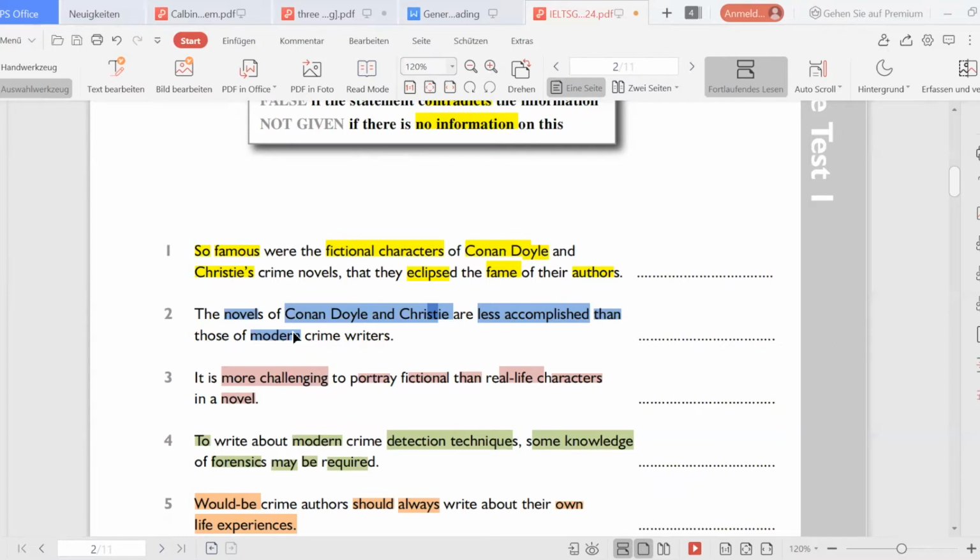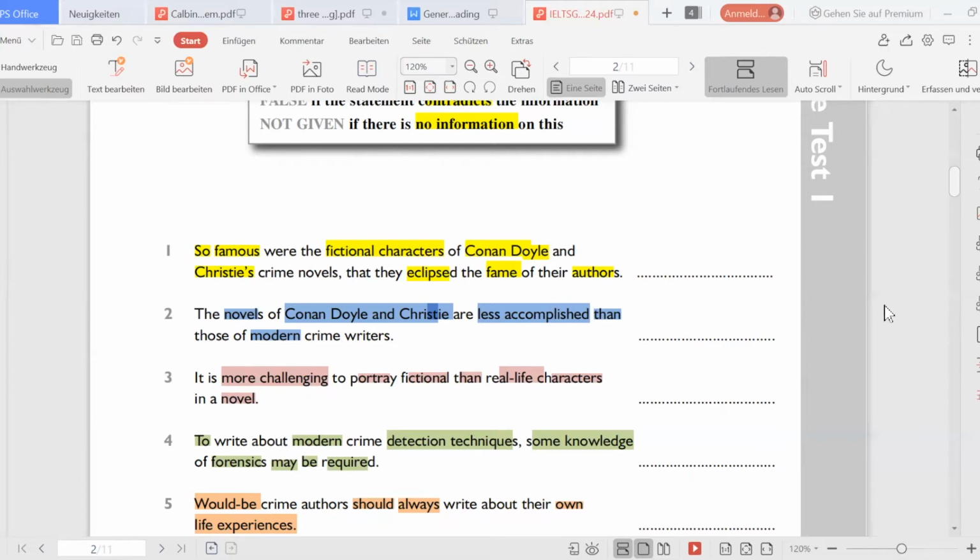And then modern crime writers. I did not highlight crime writers because in the text we're looking at how to become a successful crime writer, so the likelihood that the words crime writers will appear several times in the text is really high. So we leave it out.